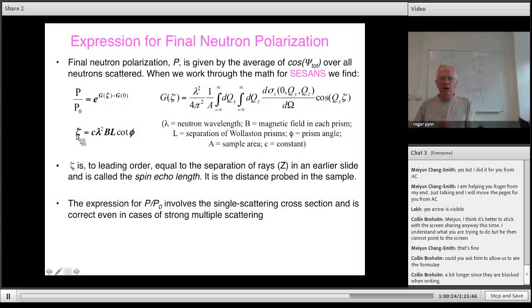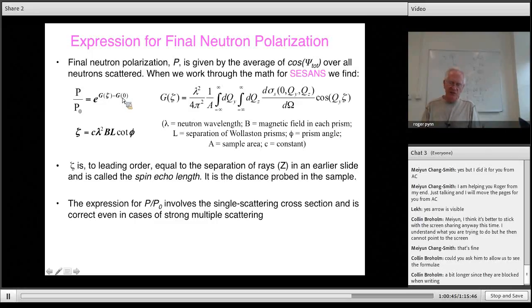So what I do in this CSANS technique, and we're almost running out of time, so I'm not going to belabor the point, is I measure a neutron polarization, and the neutron polarization is given by an exponential of this difference between these two correlation functions.